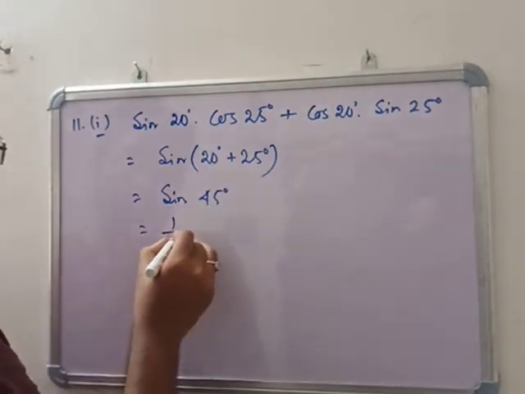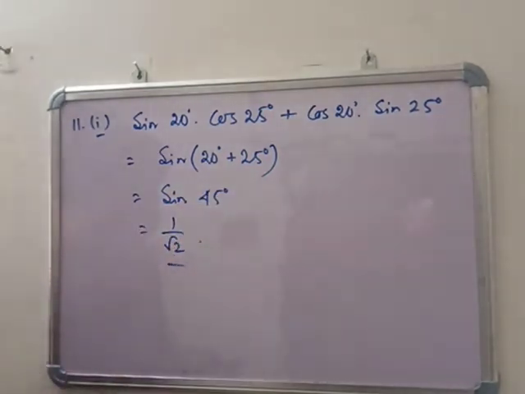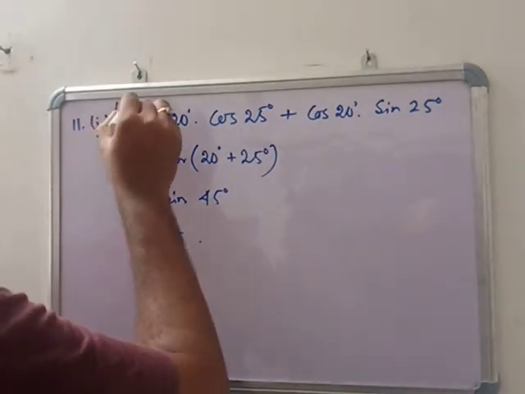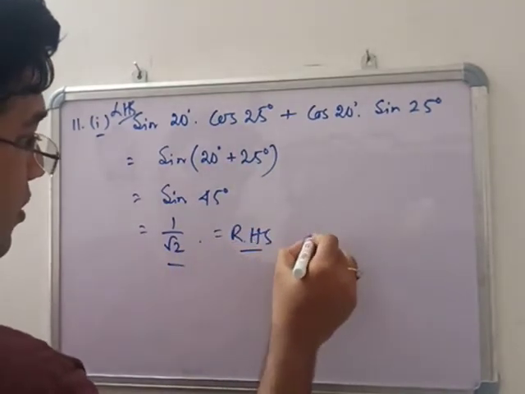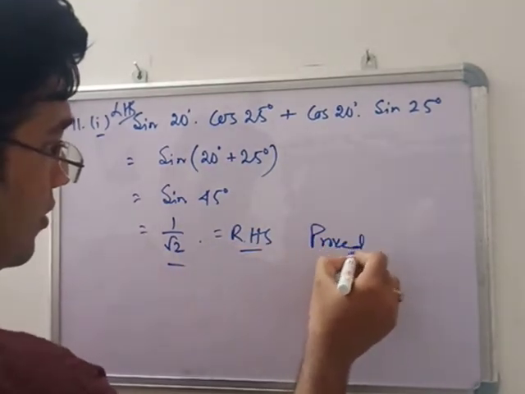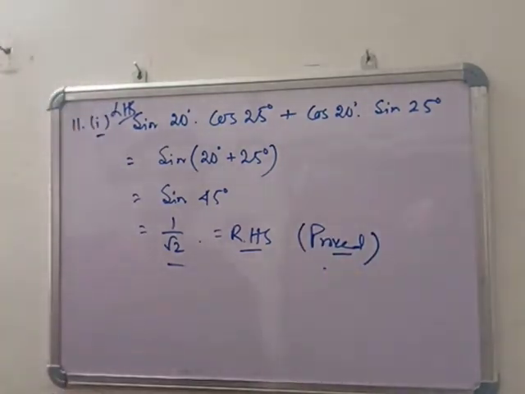That is 1 by root 2. This is the RHS given. So this is LHS and this is RHS. Note down all of it.